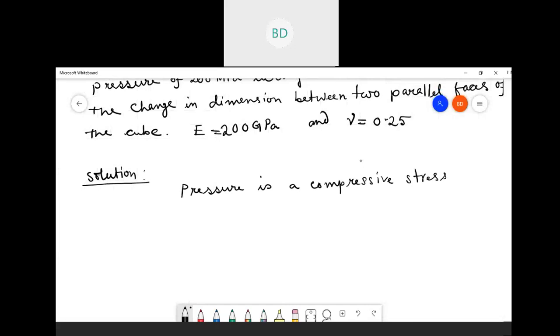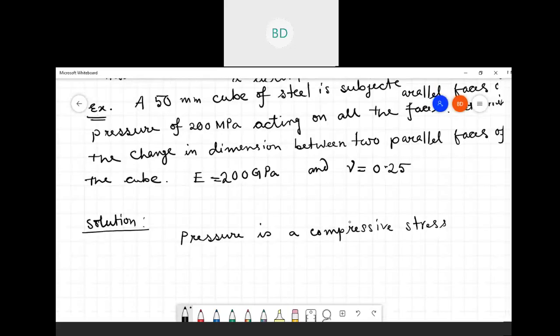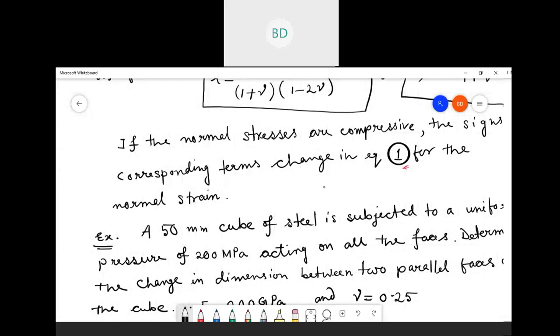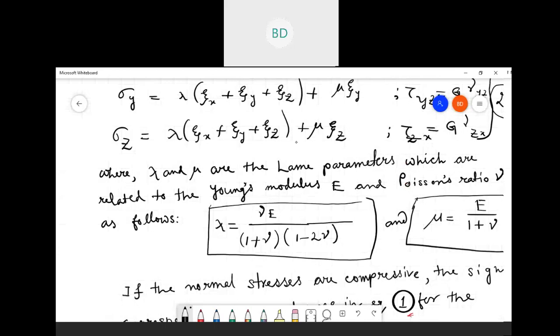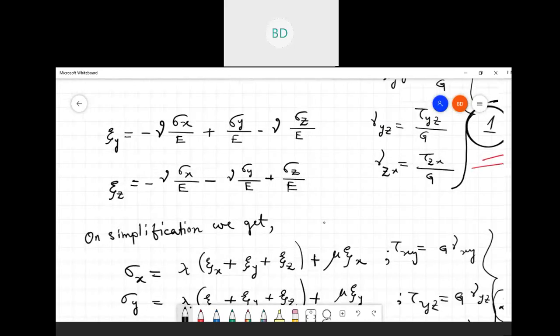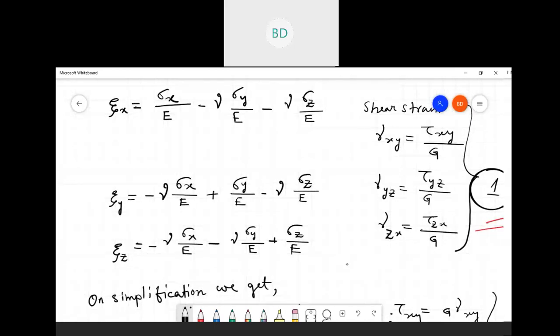So if you take compressive stress, definitely the signs in these equations will change, because these are the equations for tensile stress. If it is compressive stress, then negative will be positive and positive will be negative.